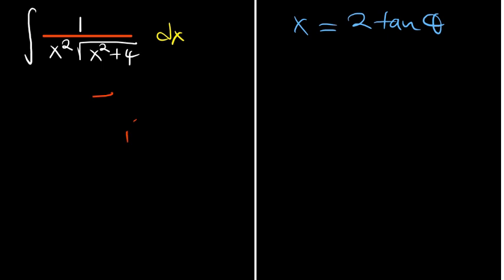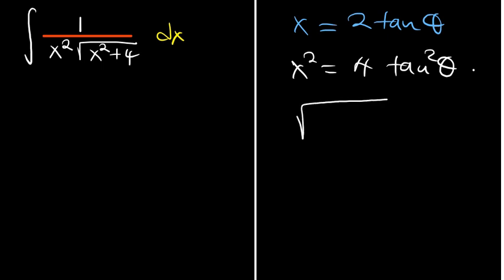Okay, so if we look at what we have in our question, we need x squared. So x squared becomes 4 tan squared of theta. That's what we're going to substitute in the brackets. At this point, let me approach the question in a different way.